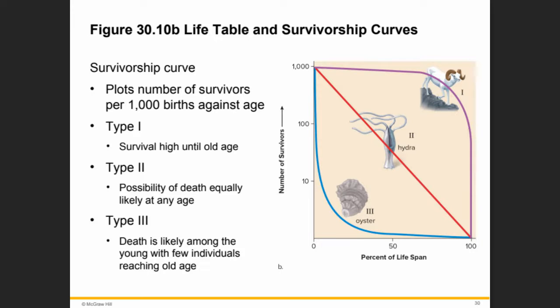Type 2, death happens equally at any age. Type 3, the death is almost all among the young, with a few individuals that reach old age.